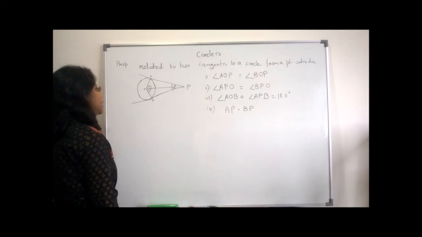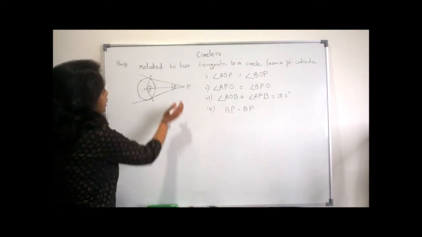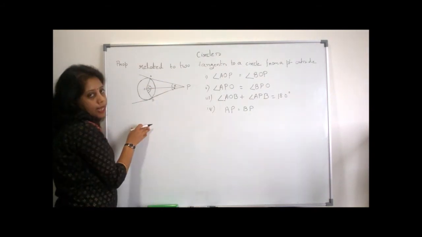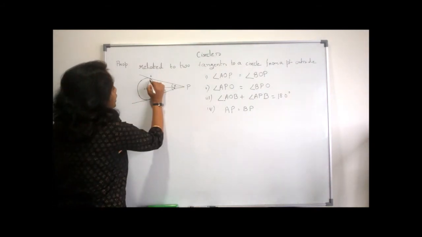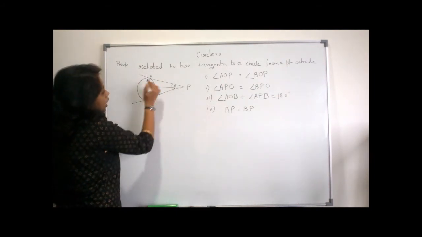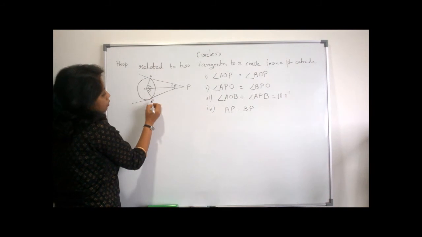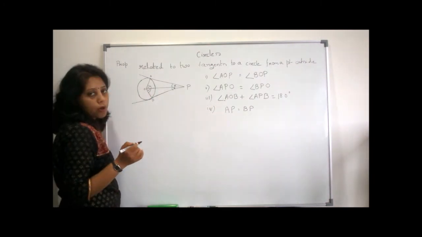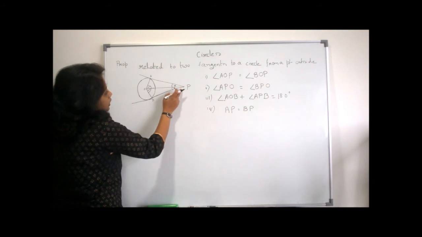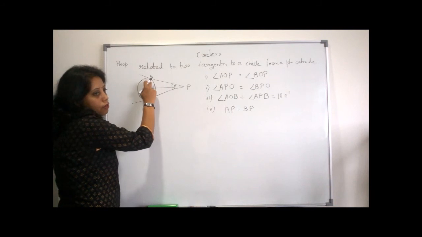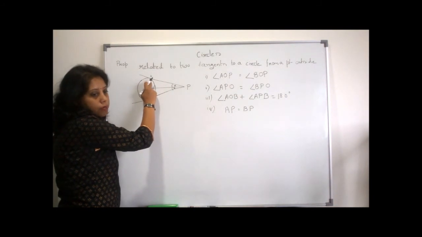So here you see that PA and PB are tangents, and the radii of this circle at the points of contact A and B are AO and BO. What we have already proved is that the tangent is perpendicular to the radius at the point of contact.